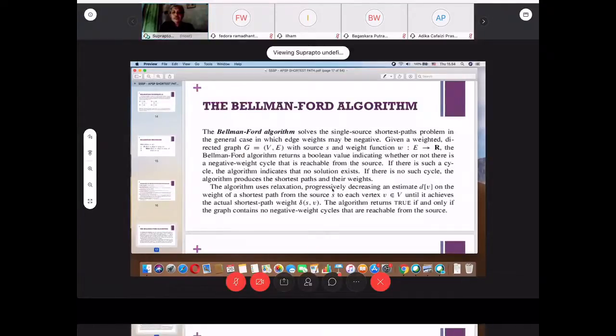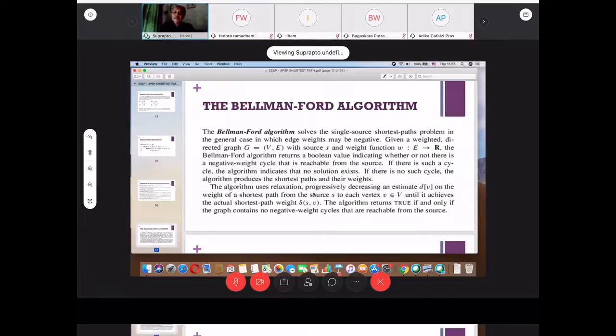The Bellman-Ford algorithm uses relaxation, progressively decreasing an estimate, the shortest path estimate v.d, on the weight of the shortest path from source to each vertex v, until it hits the actual shortest path weight, which is small delta. You have to distinguish the actual shortest path and the shortest path estimate.